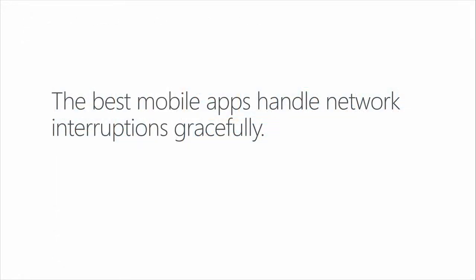If you've ever used a smartphone, you know that to have a great mobile app, it needs to be able to handle network interruptions. This can range from someone stepping into an elevator and you don't want the app to completely crash, or someone with a job where they're out in the field, in a rural area, working on an oil rig, or just going into a shielded area without any network access.